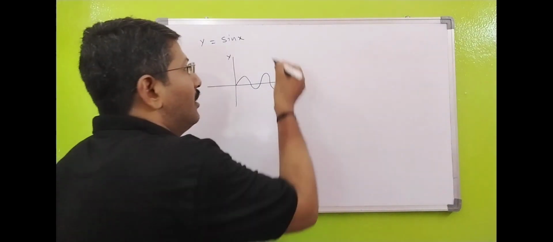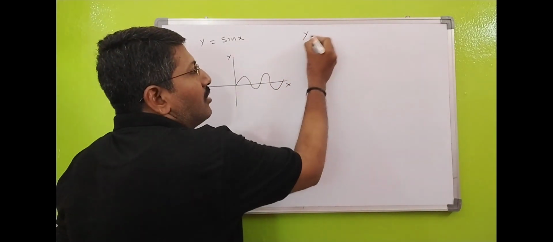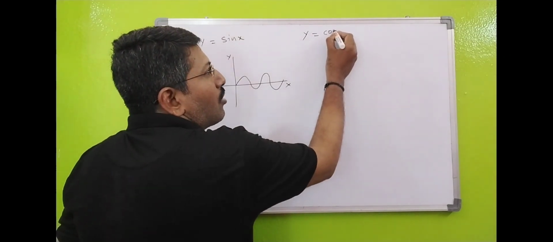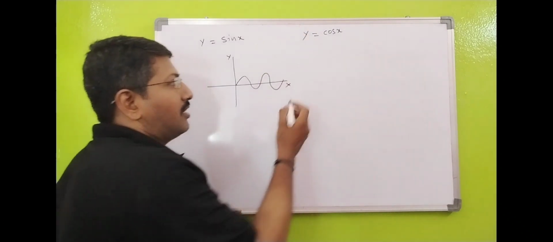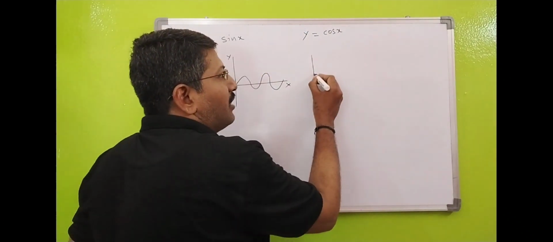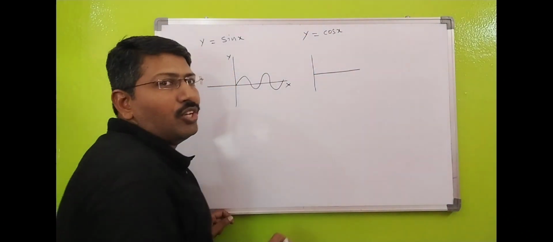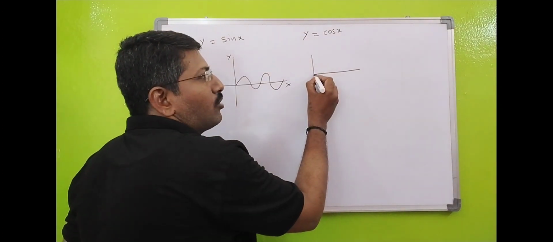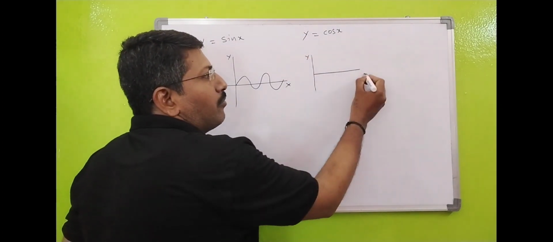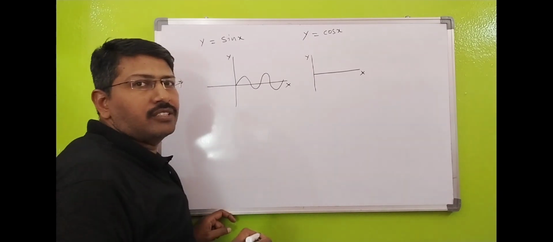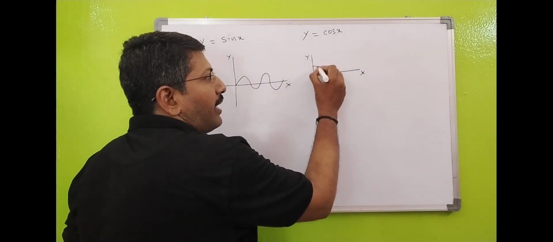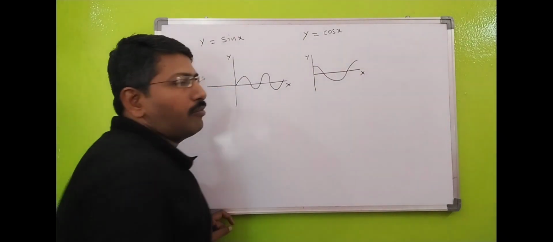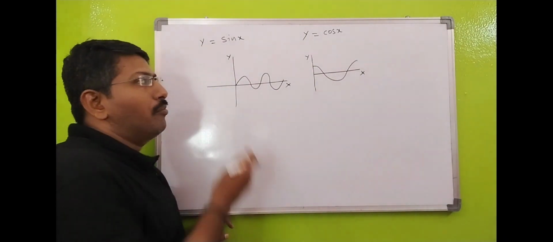Next, y = cos x. Brother, sister, simply observe here, this is cos 0, where x = 0. cos 0 = 1. So that means it starts here like this one. This is the nature of the graph. Brother completed, sister completed.